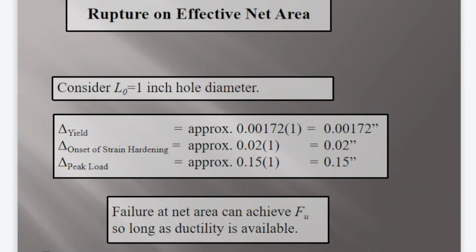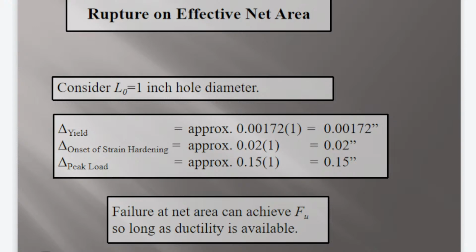So this failure at net area can achieve ultimate strength so long as ductility is available. So this is up to the ultimate point. Remember, there is no rupture up to that point.